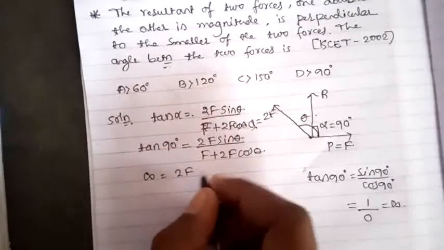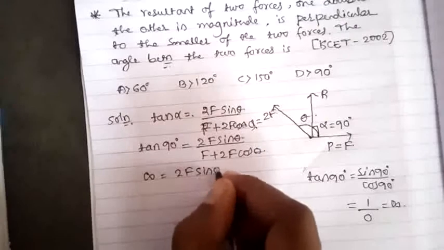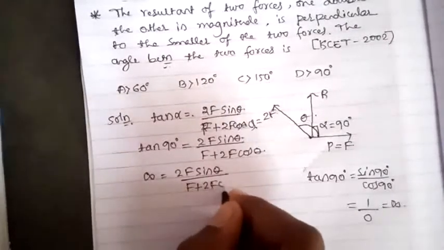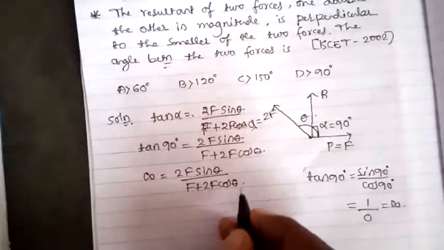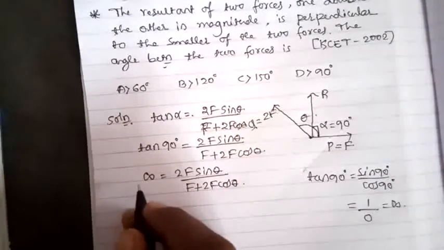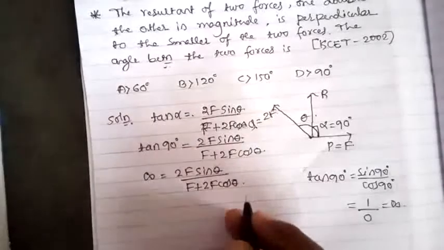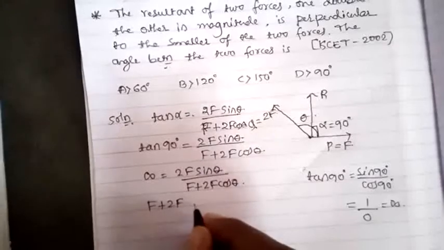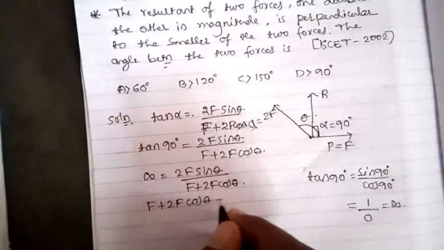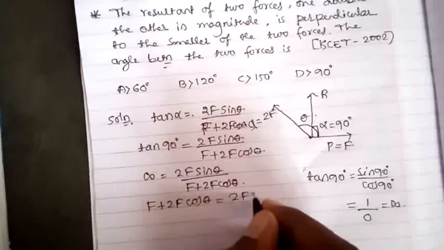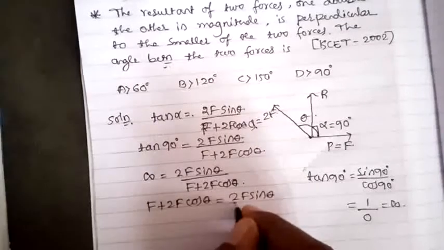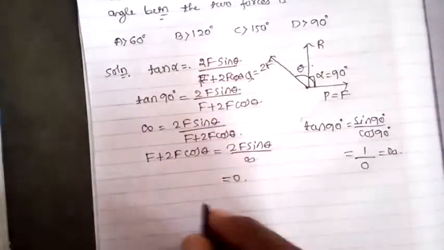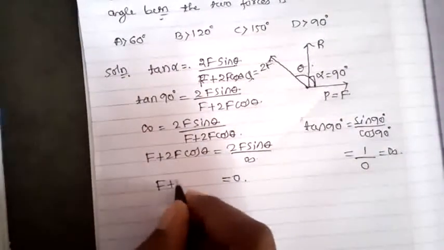Then 2F sin theta divided by F plus 2F cos theta equals infinity. I will take F plus 2F cos theta to the left hand side and infinity to the right hand side. Then F plus 2F cos theta is equal to 2F sin theta divided by infinity. Any number divided by infinity is 0. This is 0.